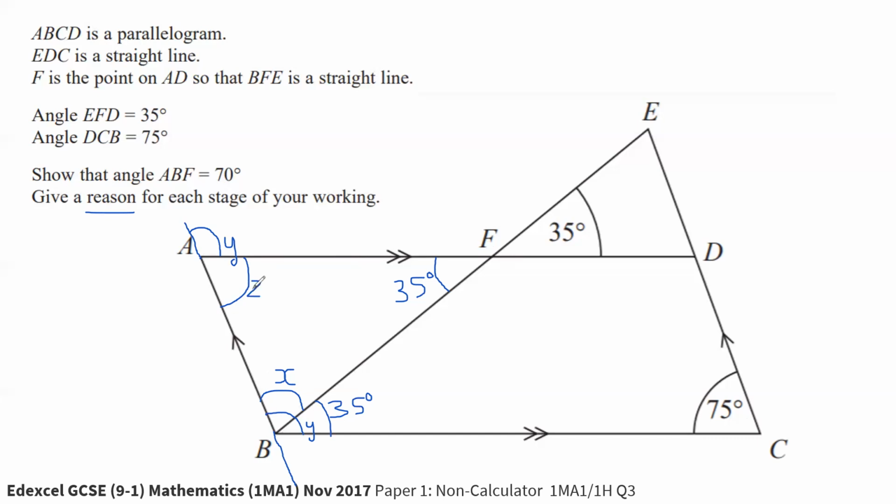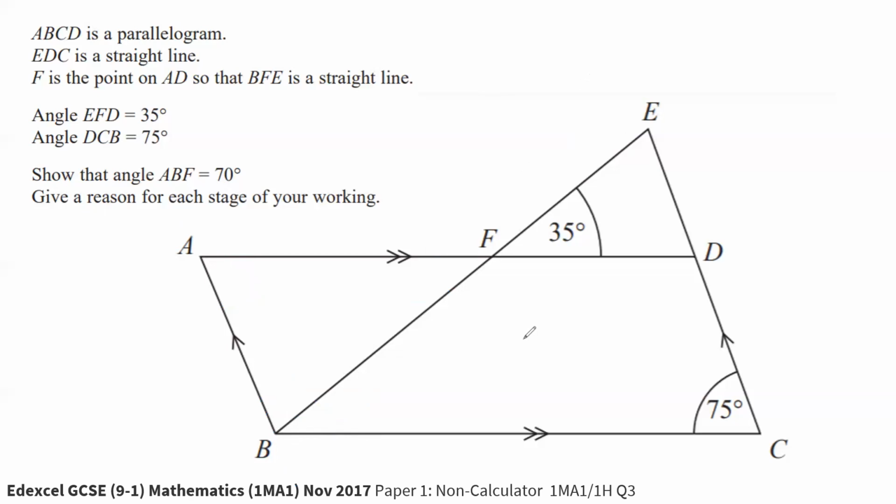So for example, we call this angle Z, and angle Z and angle Y both add up to 180 degrees, and they're the 2 interior angles forming a C shape on here. Okay, so let's quickly run through the 4 rules. Opposite angles are the same, alternate angles are the same, corresponding angles are the same, and interior angles add up to 180. I'm just going to clear all of that working initially.